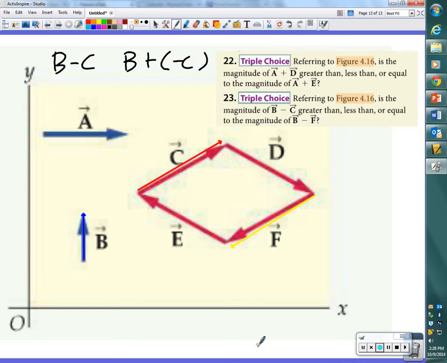Okay? But in this case, so Simran, now to address your question from before, right? This is C, the way it's currently drawn. But to answer the question, we need negative C. How does C change if we change it from C to negative C? Different direction, right? Or completely opposite direction.